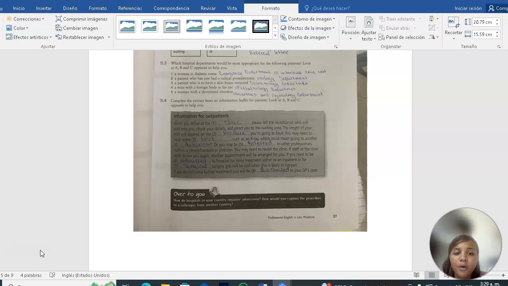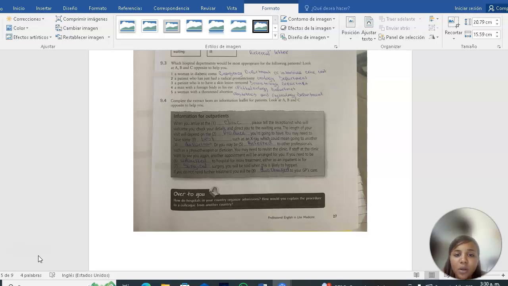The length of your visit will depend on the procedures you are going to have. You may need to have some tests, which could mean going to another department, or you may be referred to other professionals such as physiotherapists or dietitians. You may need to review the clinic if staff of the clinic want to see you again.